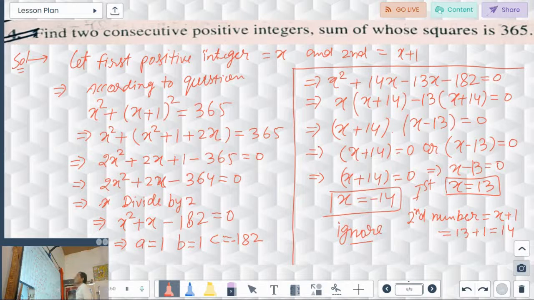So the consecutive positive integers are 13 and 14. Answer.